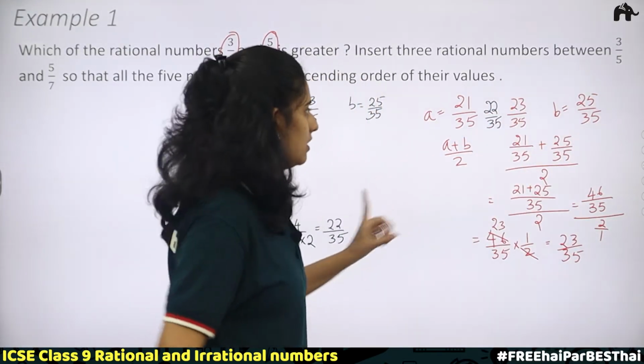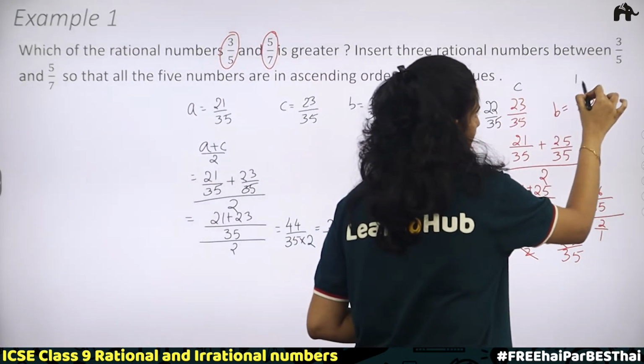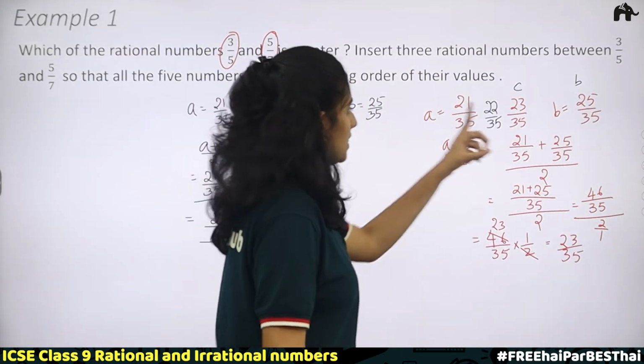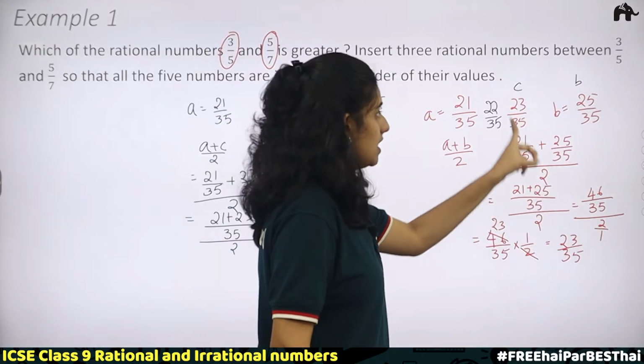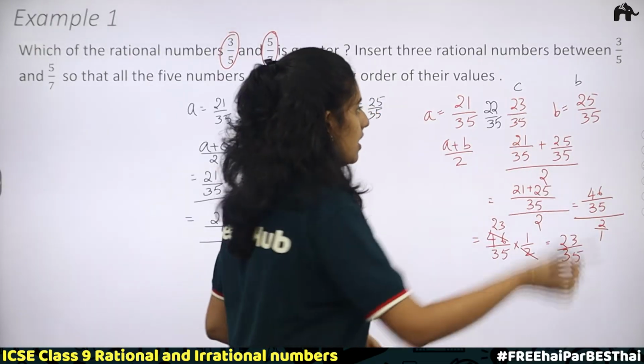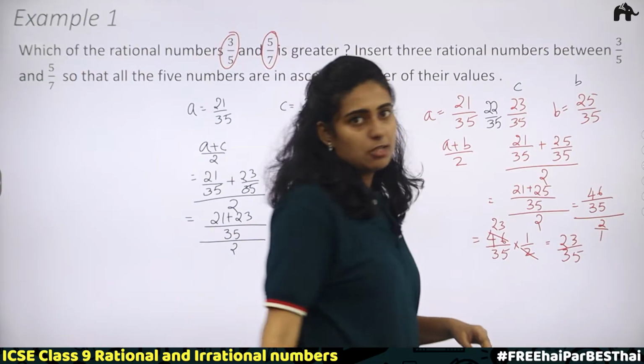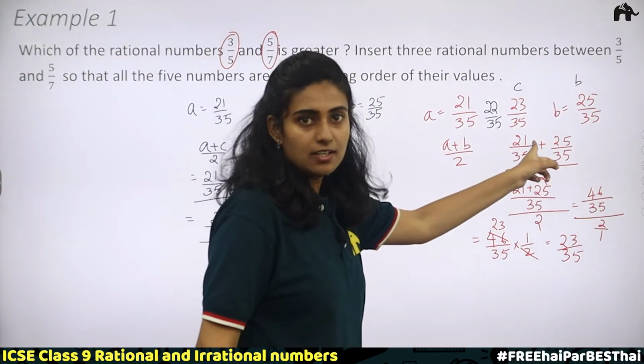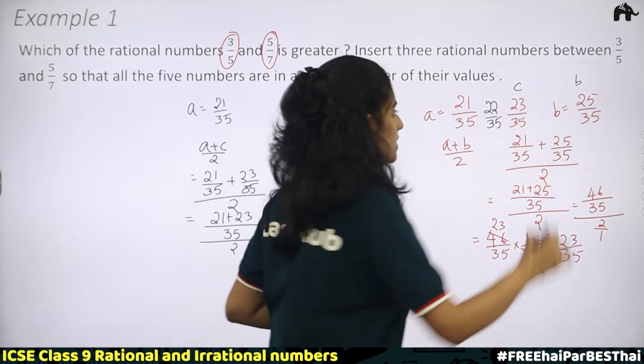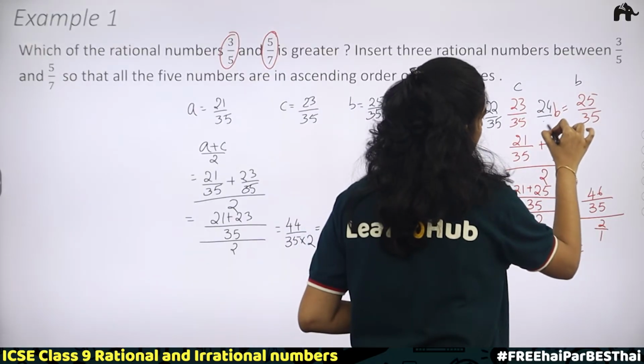Okay. Similarly, if you take this C and B, find a number which lies between C and B. C and B both are rational numbers. You can find that as C plus B divided by 2. You can find a number which lies between C and B, and the number is 24 by 35.